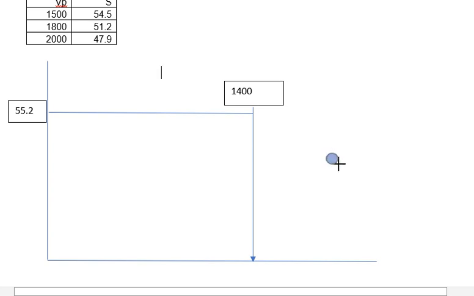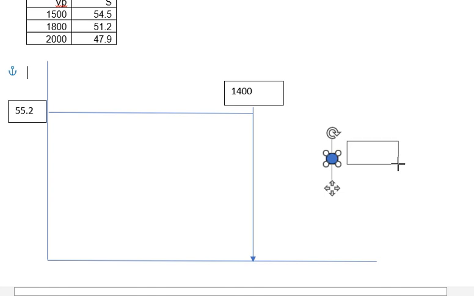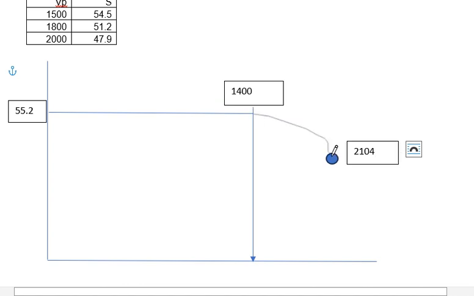Then I will mark a point here for capacity. So here is my capacity somewhere, just a point, and the value is 2,104, which we already calculated. In between them, I have plotted a smooth curve. These are the x values and these are the y values for the points between these two.